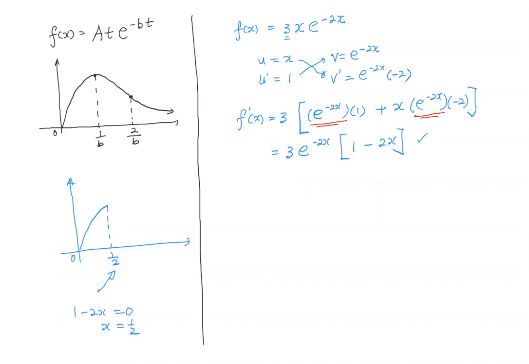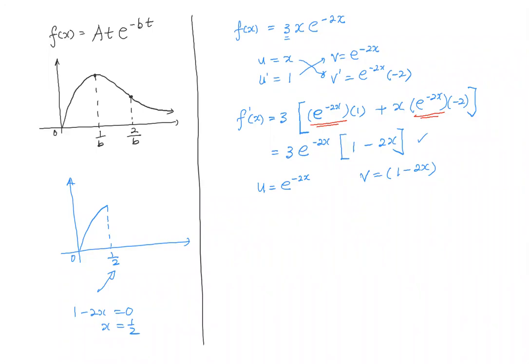So now, if we want to get the inflection point, we have to do f double prime x. So same thing, I will repeat. U equal to e to the power negative 2x. And my v is this whole thing, 1 minus 2x. Usually, if my u or v is more than a term, I will bracket it up.